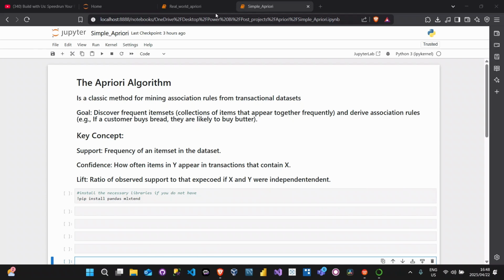Our aim is to transform the raw data into actionable insights that can help our businesses. In this video, we are going to talk about the a priori algorithm, which is one fundamental principle used when analyzing a client's data in terms of their purchasing behavior and buying patterns.